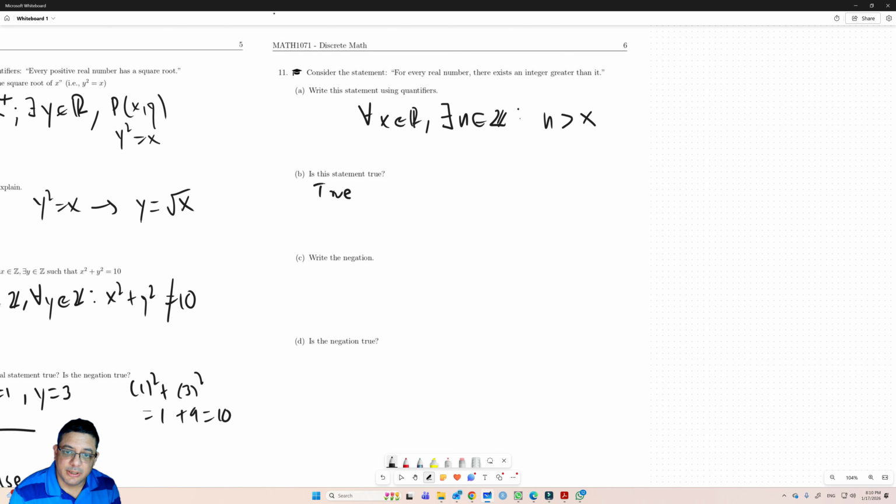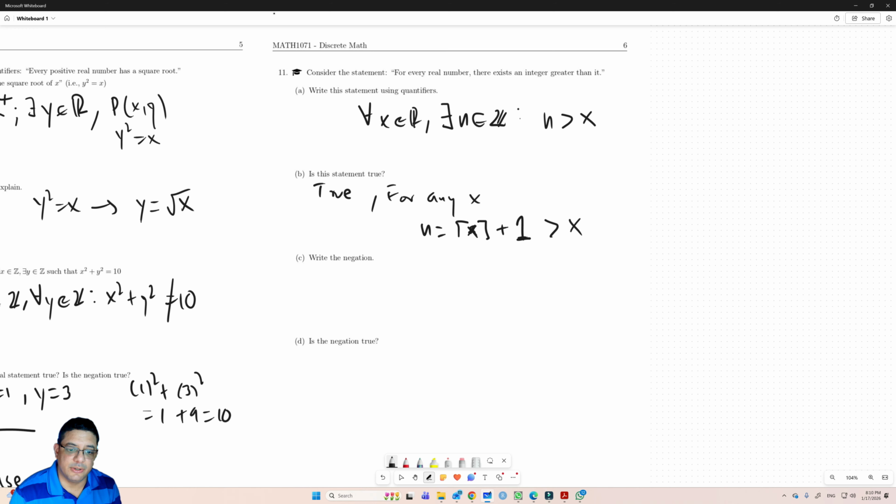In particular, for any x, you can always pick n to be the ceiling of x, which is the next integer close to x, plus 1. And so with that, we guarantee that it's going to be bigger than x.